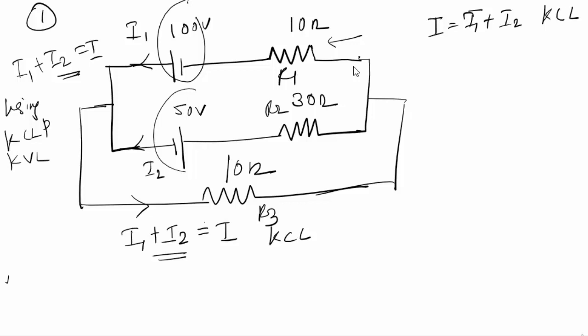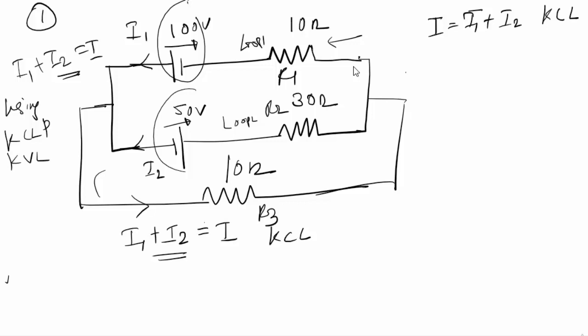And then there are two loops in this circuit. This is loop 1, which I can go through, and this is loop 2, which I can go through in this way and this way. So by going through the first loop, what I find is there is a fall in the potential here, and there is a rise in the potential here.